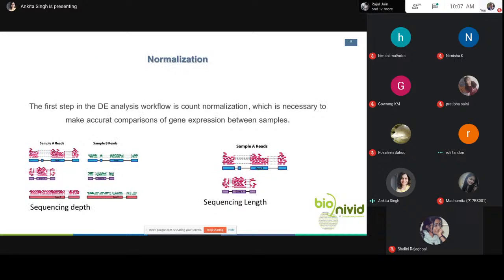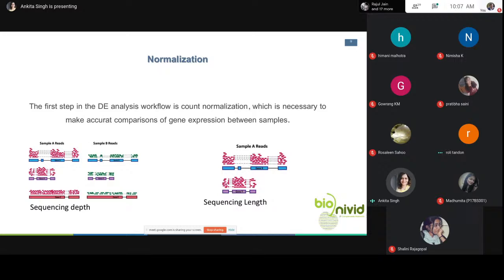In normalization, I mean two things, because you understand that the expression of a particular gene is said on the basis of how many reads align to that particular gene. It can happen that we have two samples over here.